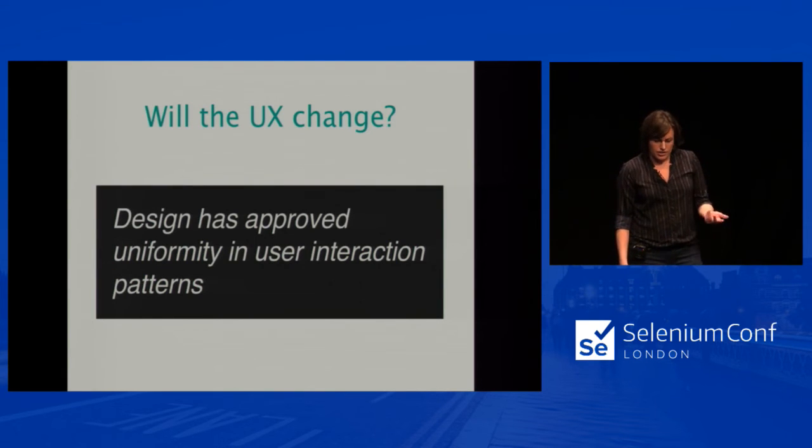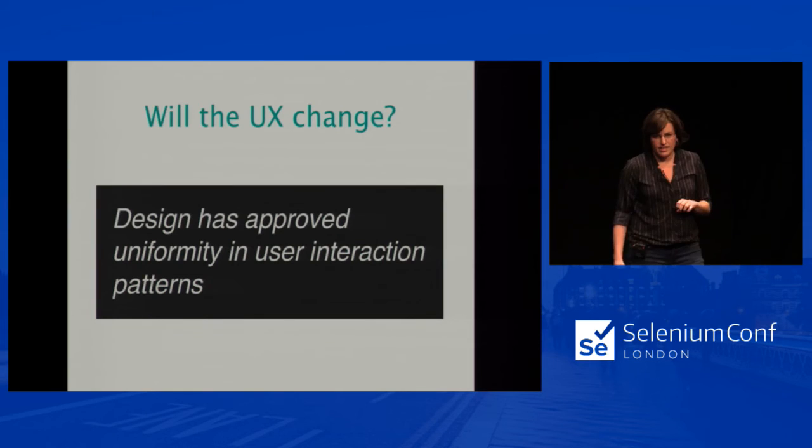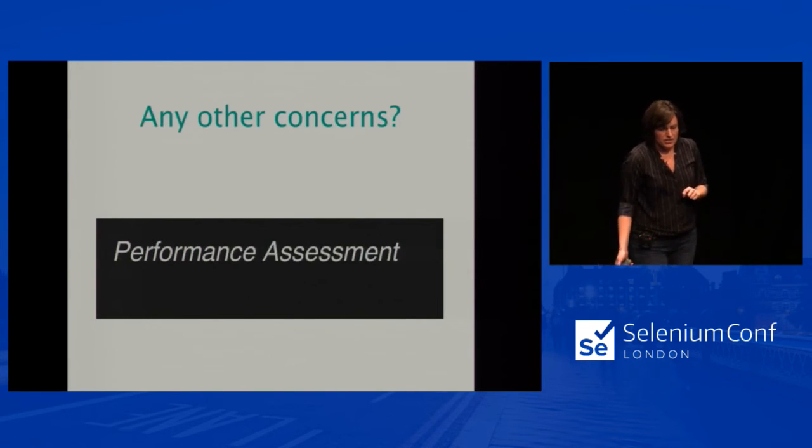So will the UX change? So these are visual components, and we're talking about breaking this component up, making it more consistent throughout the application. So in this case, we have to get design or our UX team to approve this change and be on board with that consistency across the app. Do we have any other concerns that we're forgetting?